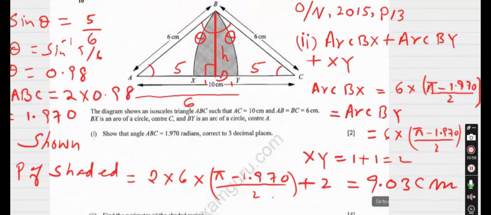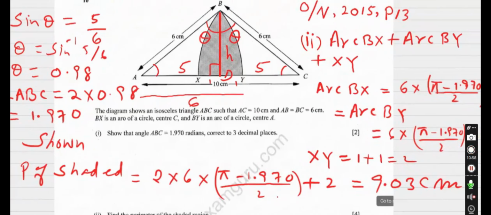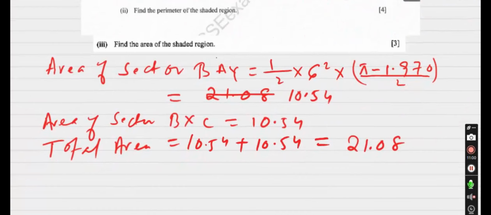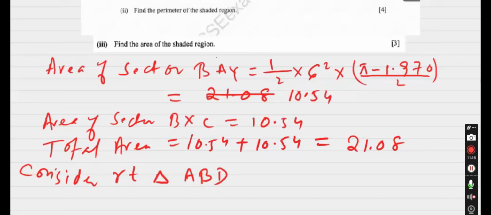Now consider a right angle triangle ABD. I am making the triangle over here. Consider right triangle ABD.